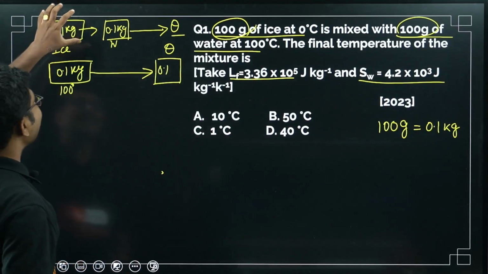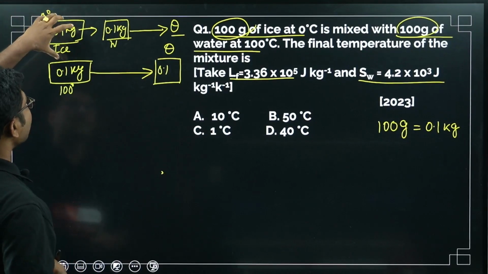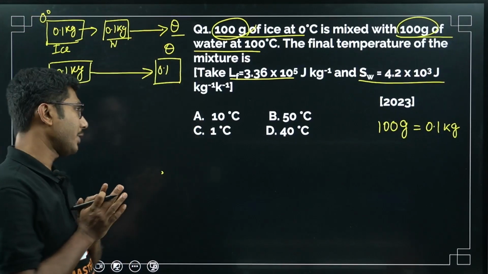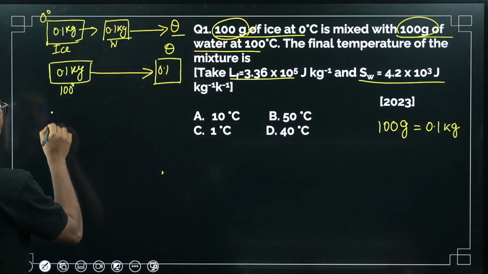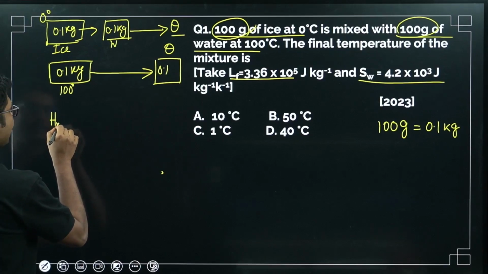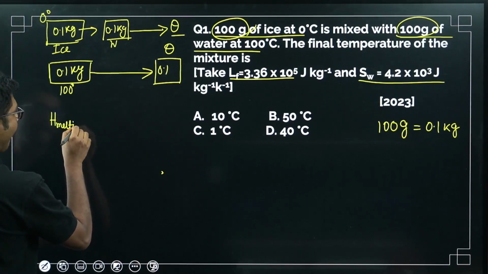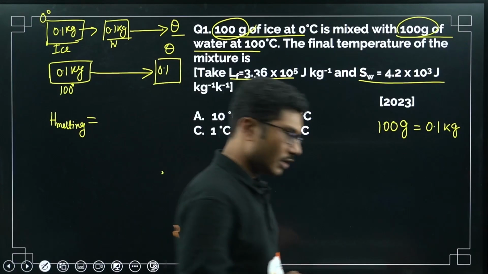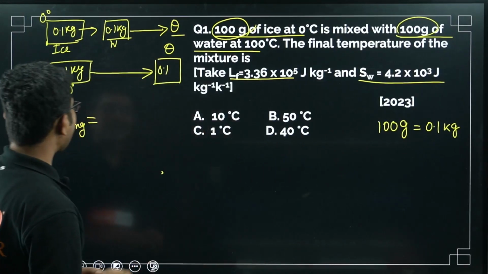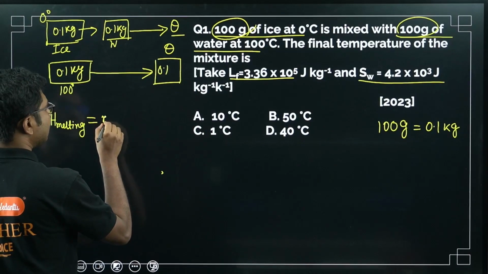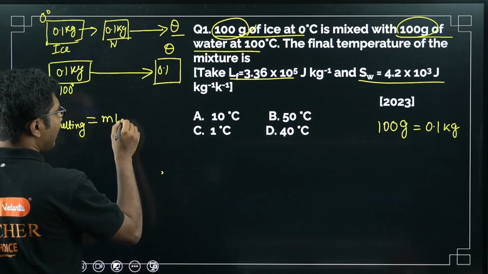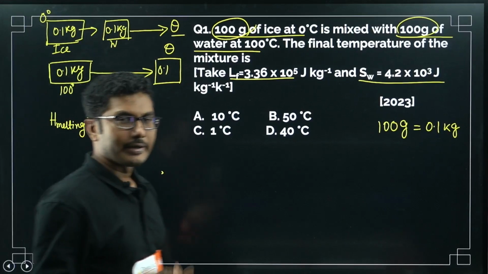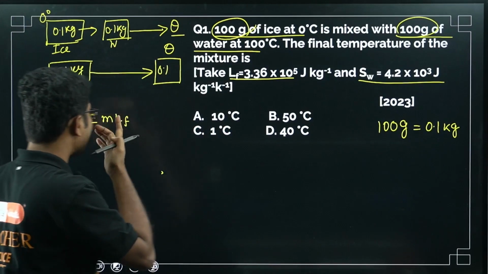How much heat is required to convert this 0.1 kg ice into 0.1 kg water? So how much heat is required for melting? To melt, we calculate it as the mass times the latent heat of melting, the latent heat of fusion. So this is M LF.